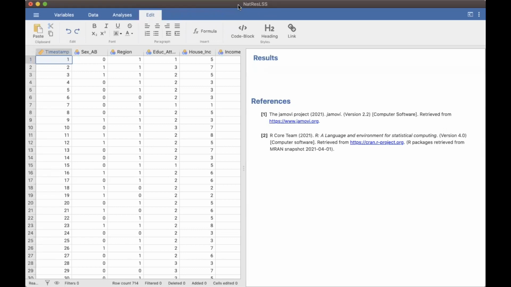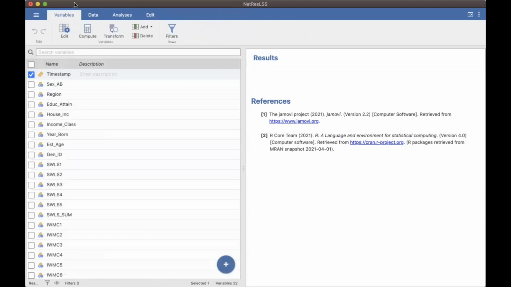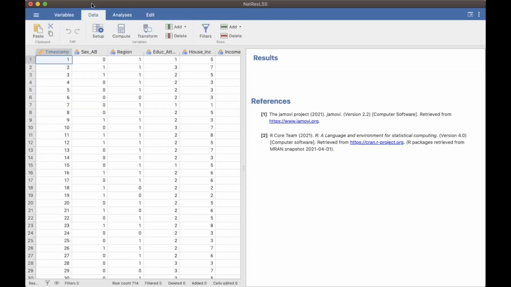Hi, okay, so in this part, I'm going to be demonstrating to you how to run some tests that will give us an approximation of whether or not our continuous variables in a data set are normally distributed. All right. So I am loading here the sample data set that we collected on national resilience and life satisfaction.